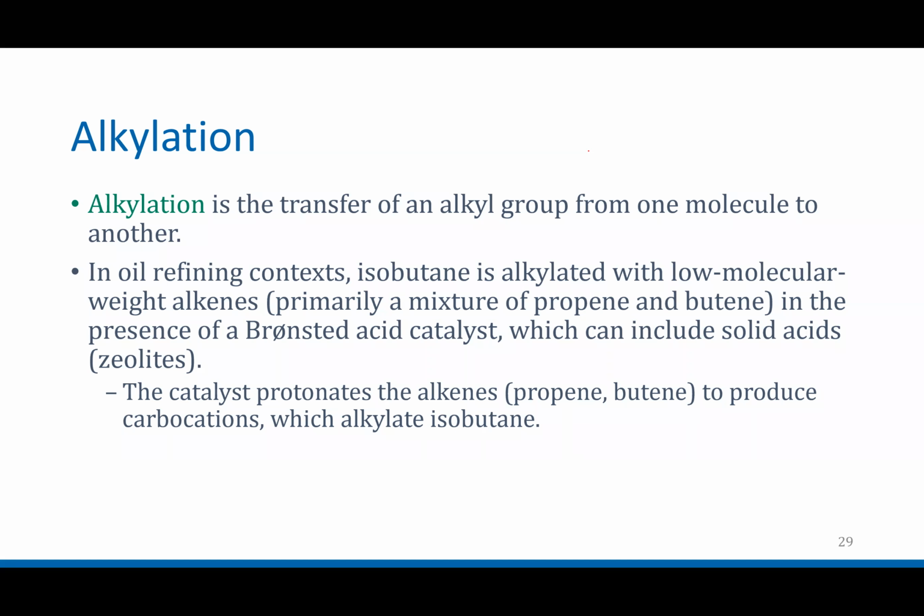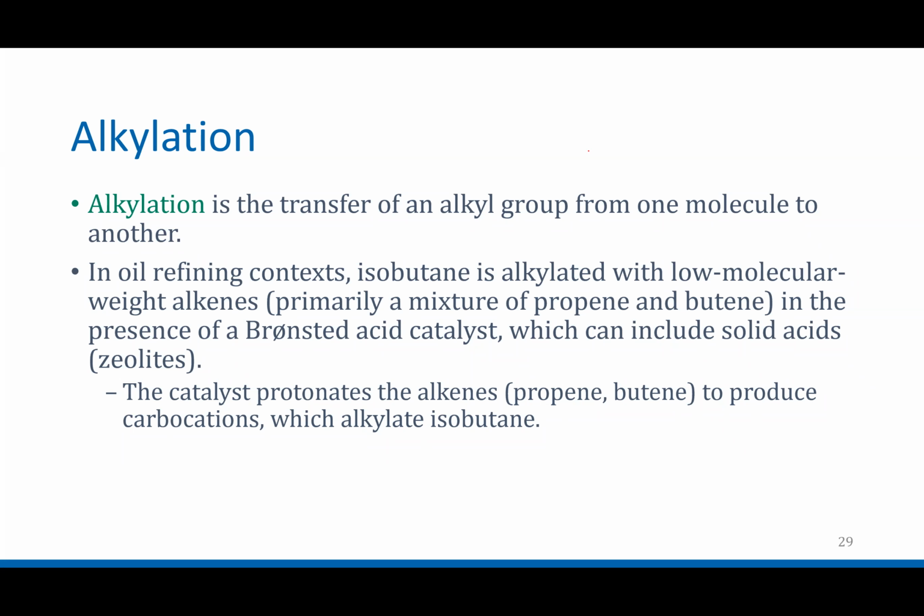So, okay, what's another chemical process or a refining process after we've separated the crude oil? Alkylation is another. Alkylation is named because it's the transfer of an alkyl group, so a small carbon chain, from one molecule to another.